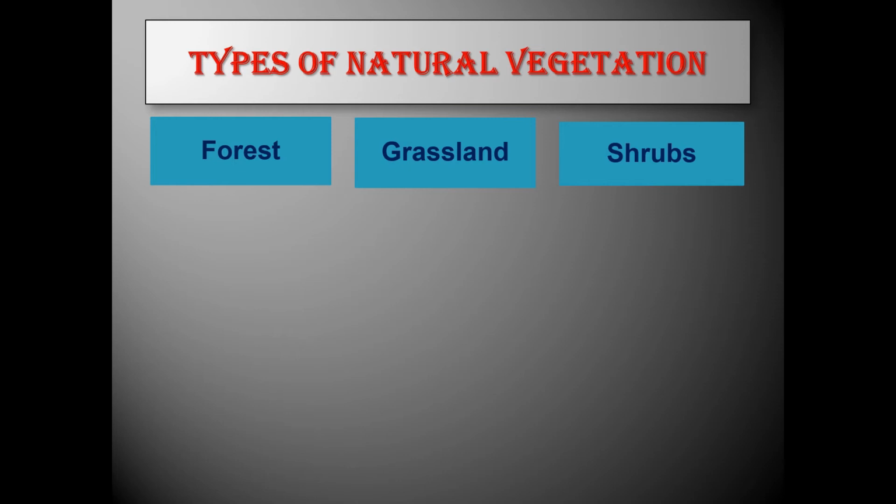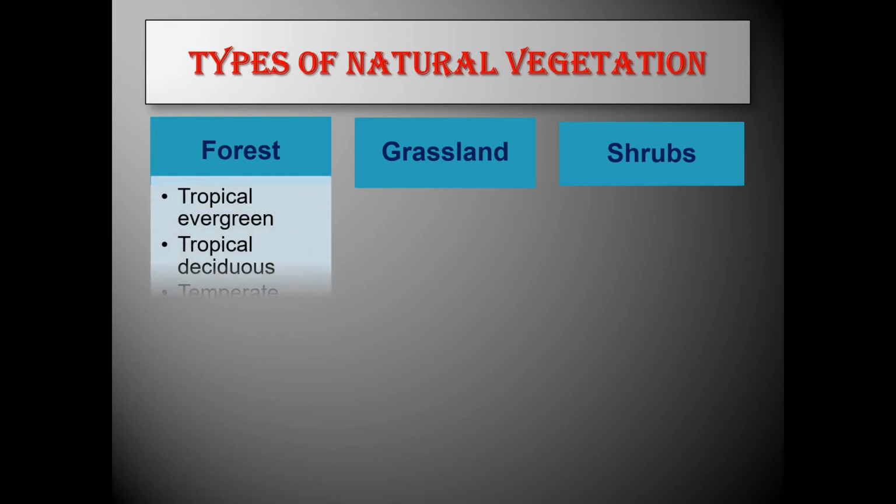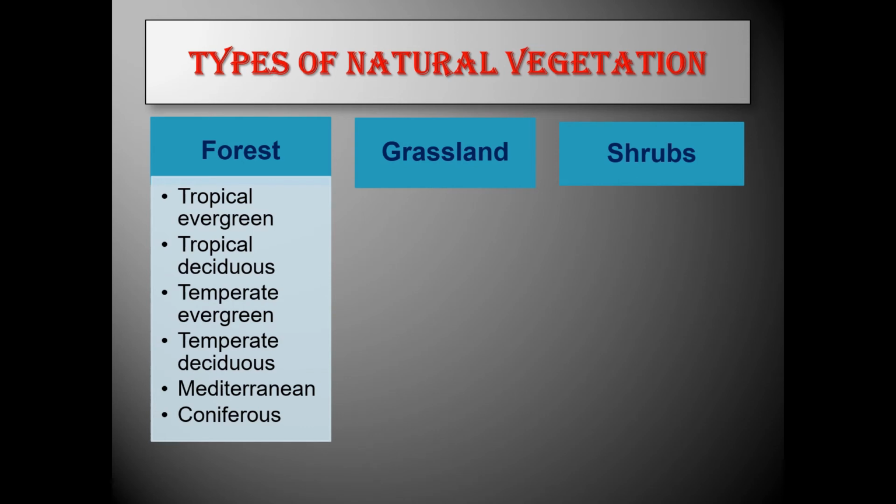About the features we have learned. Now let us know what are the various forms of these. We have forests. We have mainly six types of forest: tropical evergreen, tropical deciduous, temperate evergreen, temperate deciduous, Mediterranean and coniferous forest.